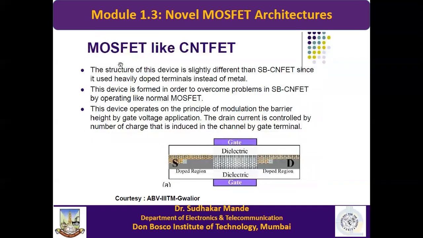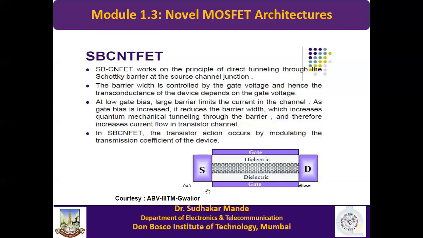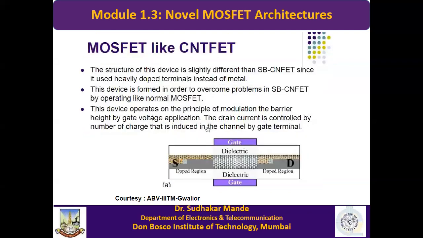Now, what is MOSFET-like CNT FET? The Schottky barrier type has metal source and drain. But in this one, this is carbon nanotube and the source and drain are doped with N plus. When you apply gate voltage, that gate voltage will reduce the barrier. The structure of the device is slightly different from the Schottky barrier CNT FET, since it uses heavily doped terminals instead of metal.